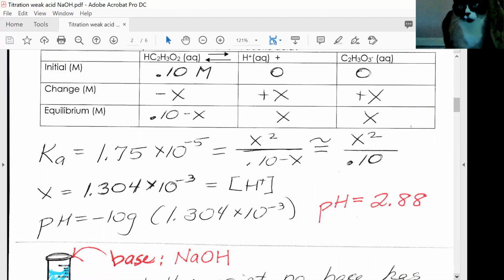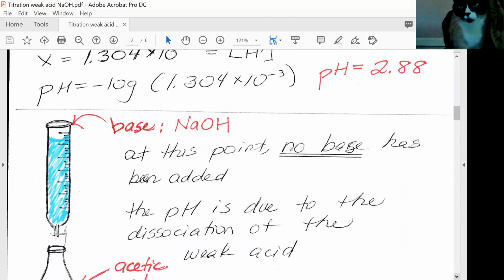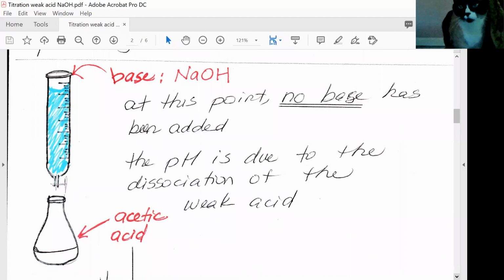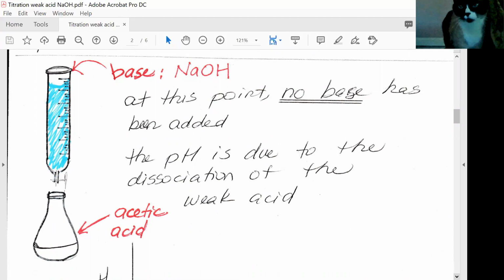So this is what we've been doing in the prior chapter. It's just a plain old ice table. So let's look at what we're doing as far as the titration. So we have in our burette our base, sodium hydroxide. You could use any strong base. At this point, no base has been added. The pH is due to the dissociation of the weak acid.